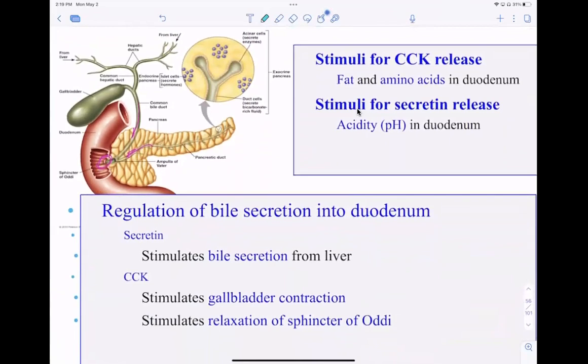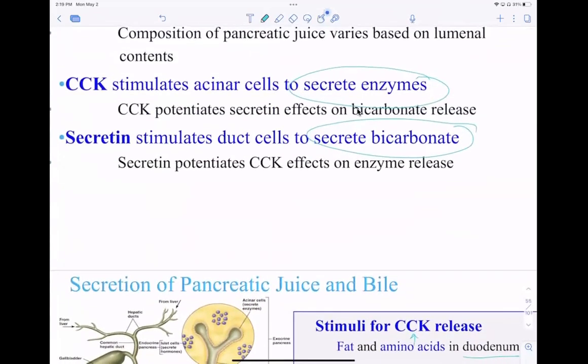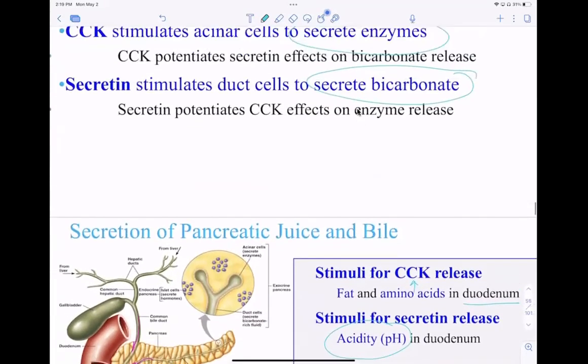So fat and amino acids entering the duodenum is going to release CCK. And remember, CCK stimulates enzymes. The acid in the chyme is going to stimulate secretin, and that thus stimulates the release of bicarbonate.